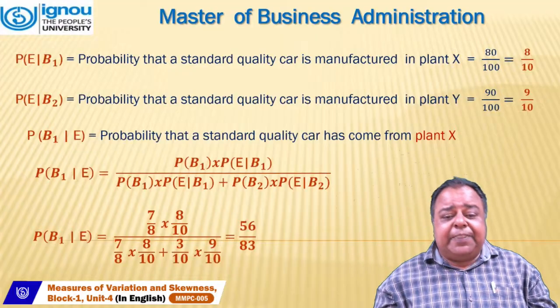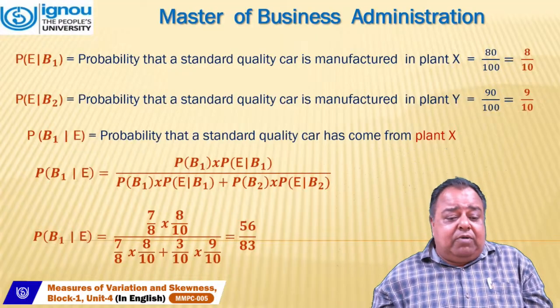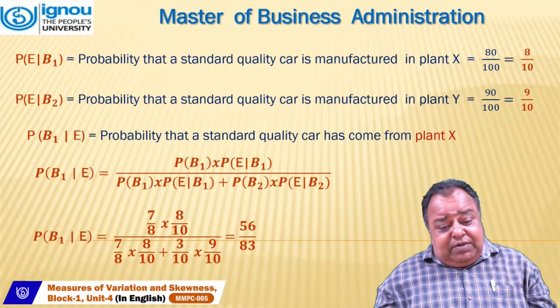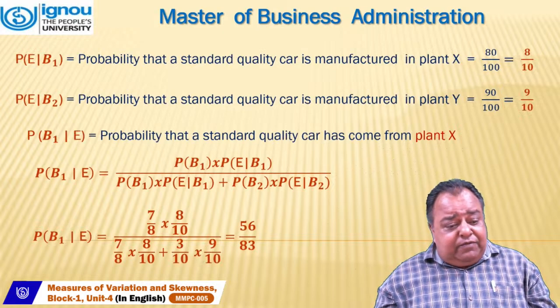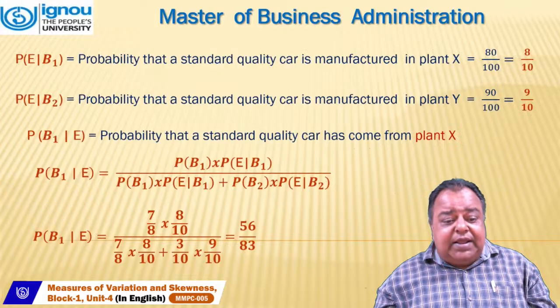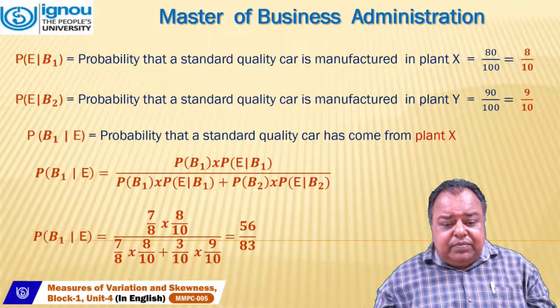And in the denominator, we will be adding all the possible terms. So after evaluation, we can see that the probability of a standard quality car selected from plant 1 is 7 by 10 times 8 by 10 divided by the sum, and that comes out to be 56 by 83.